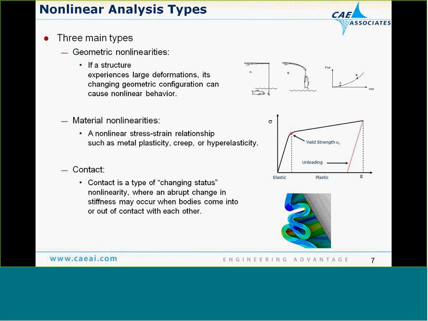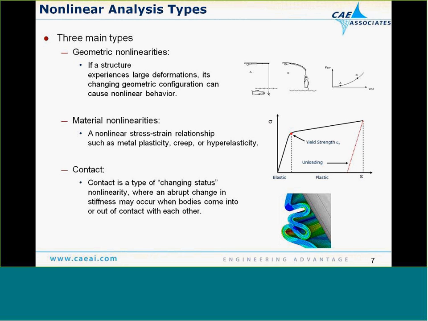There are three major types of nonlinear analysis. The first one is geometric nonlinearities, and this one really includes three subclasses of nonlinearities: large deformations, some people call it large rotations, also large strains, and stress stiffening. What happens here is the direction of the load vector can change throughout the analysis.